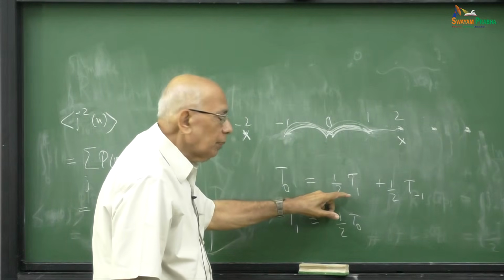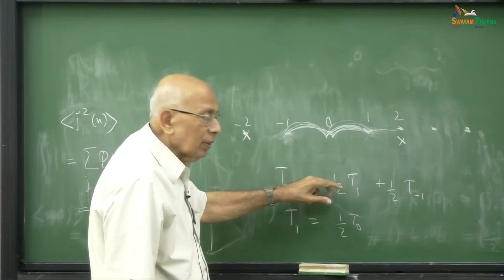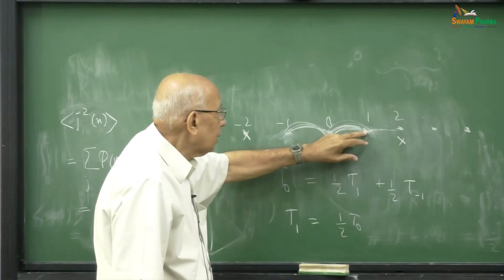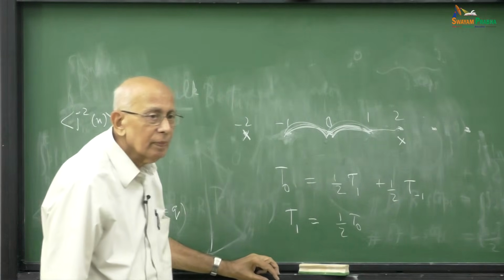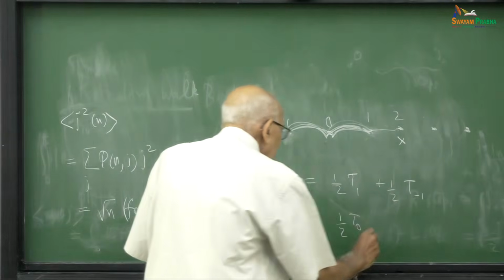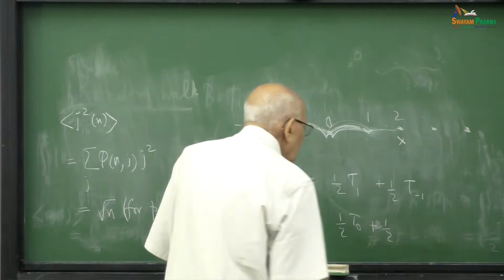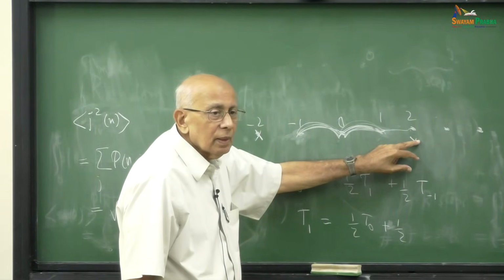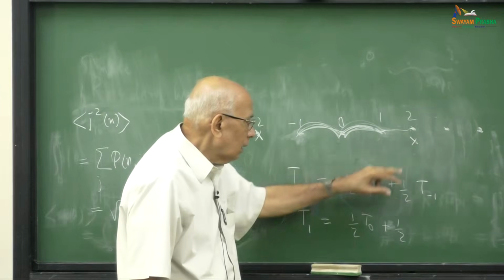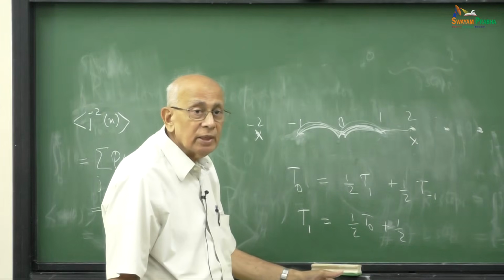Is this argument completely correct? I'm going to come back to this. I fooled you a little bit here, but we'll come back to it. What happens here? Plus half. And if I am already at that point, the time taken is 0, right? So half times 0, and we are done, we are finished.